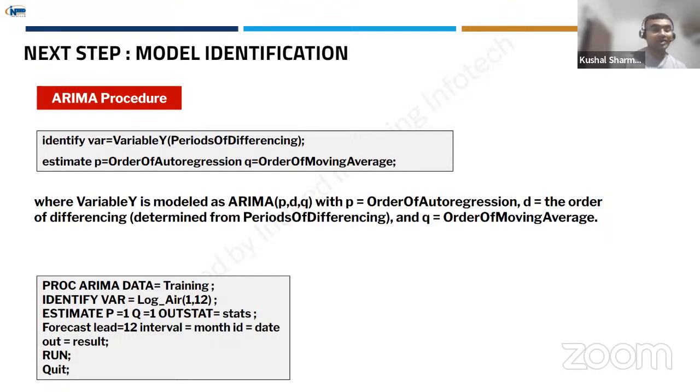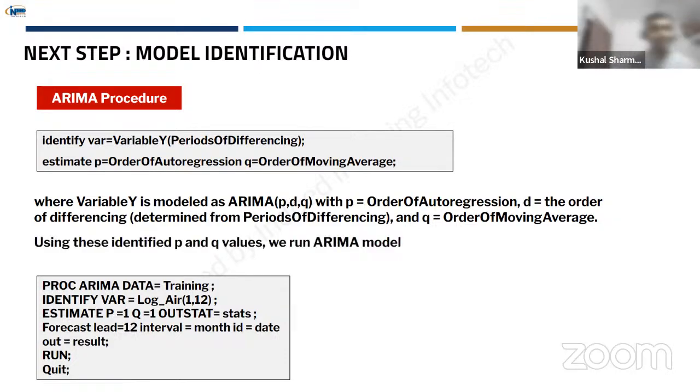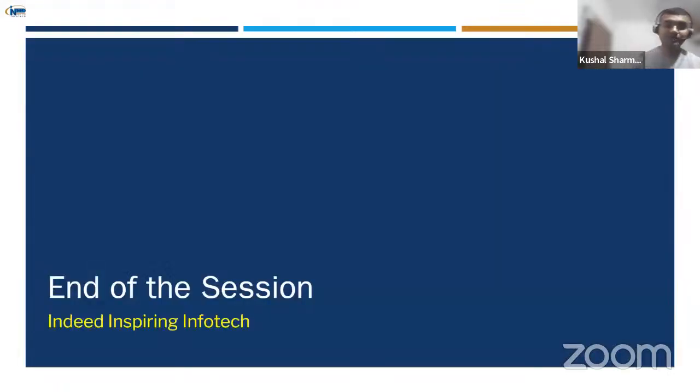Therefore we have set the values log air 1 1 2, and p equal to 1, q equal to 1. We set those values and it has brought us the result. Using these identified p and q values, we run an ARIMA model, which gives us the forecasting. And that's the end of the session.